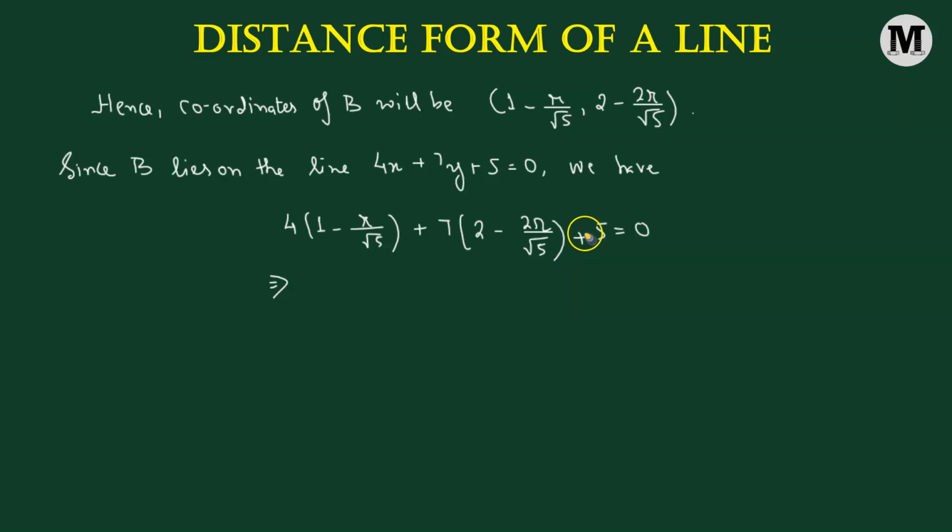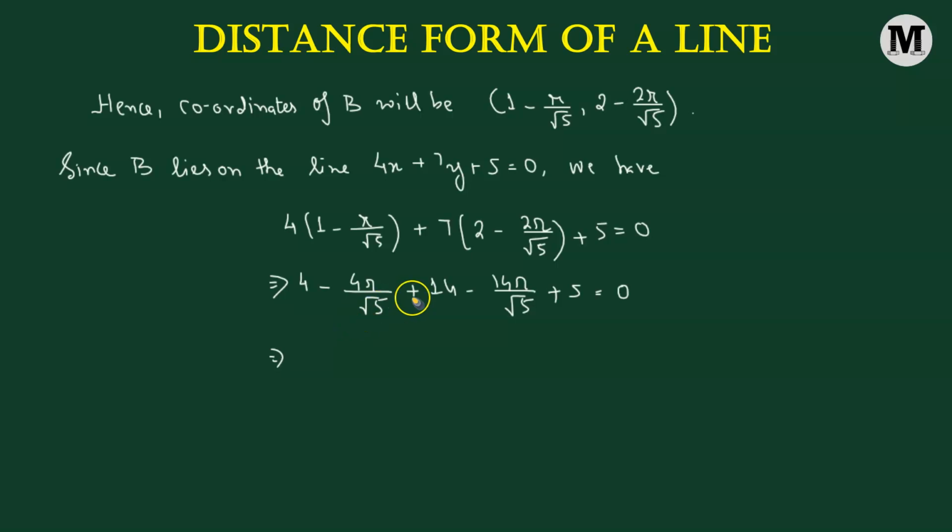Once we solve this equation, we will find the value of r. So let's begin by distributing 4. We get 4 minus 4r over square root of 5, added to, distributing 7, 14 minus 14r over square root of 5, added to 5, equals 0.